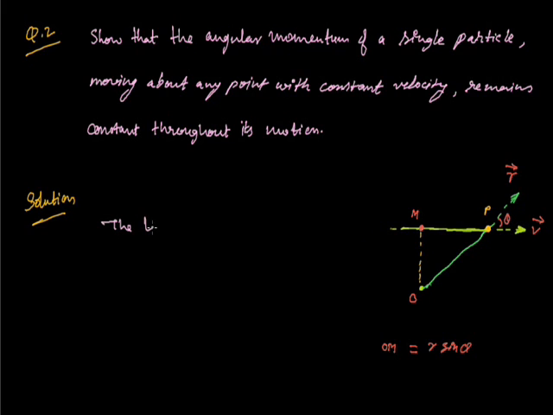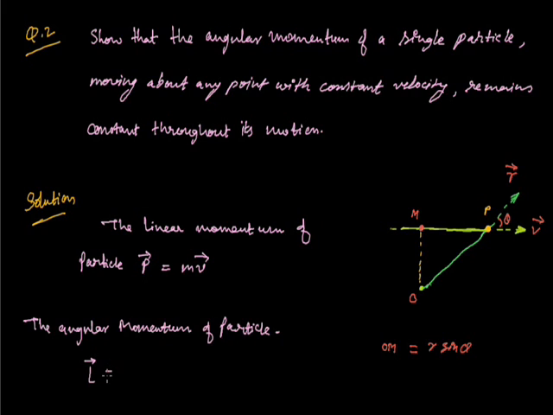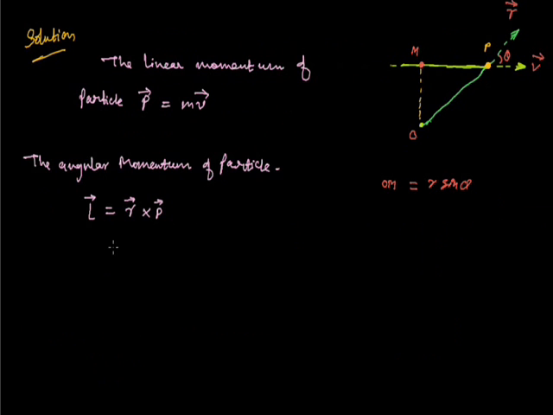The linear momentum of the particle in vectorial representation is given by p equals mv. The angular momentum of the particle, vector L, is represented by the cross product of vector r and the linear momentum, or we can write this as the cross product of vector r and mass multiplied by vector velocity.